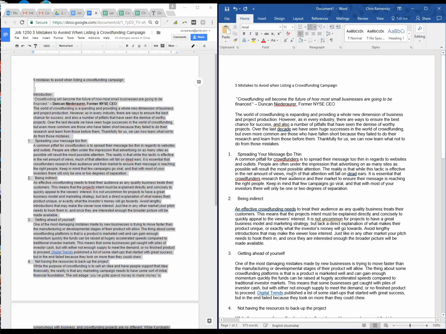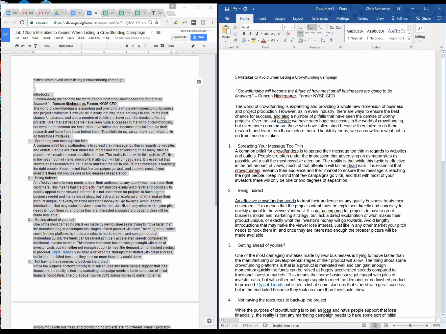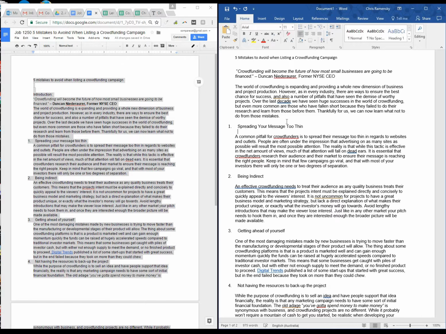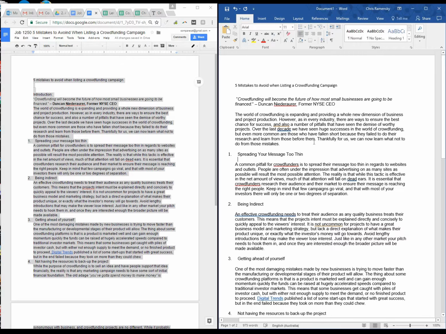I don't know, we can probably capitalize the T. Being indirect, this looks like a short heading. We might have to add a word or two there just for consistency, and it's also nice in blogs or in articles that some of the headings reflect keywords in the title.